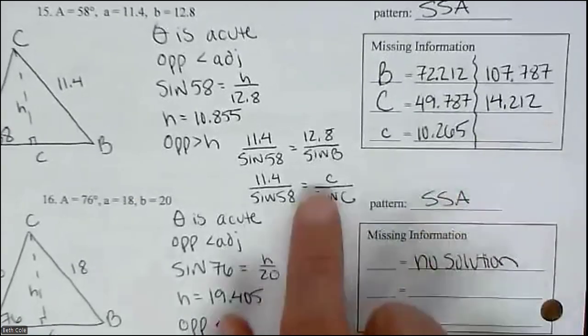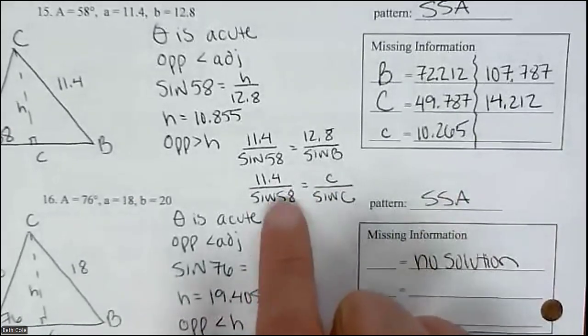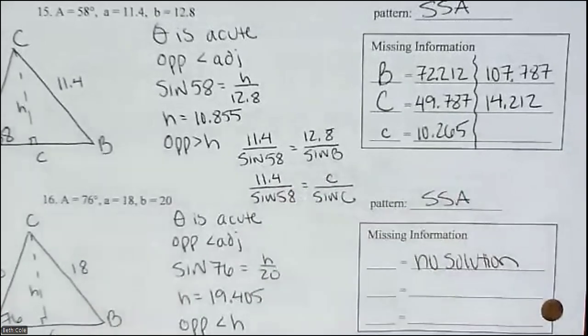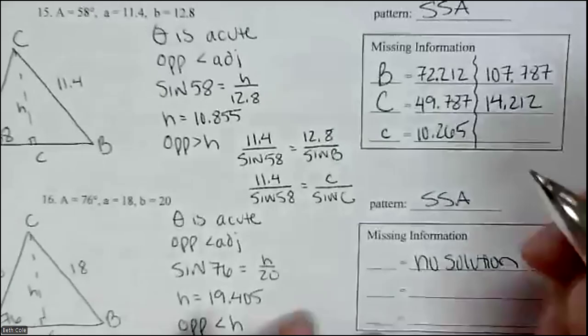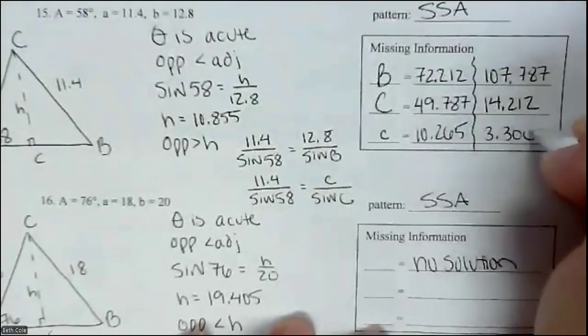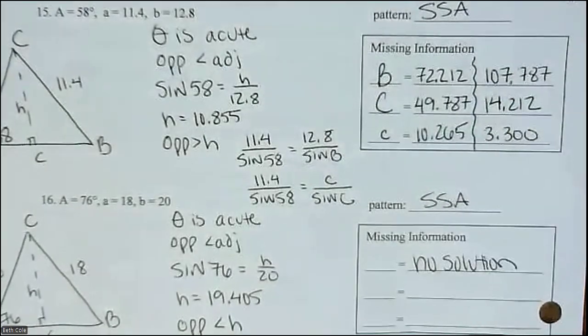Now to get the last one, you're just going to do this again, and I didn't delete it. It's still in there. So I don't even need to type it again. I just need to go back and find what line it was on. And it should be a really little number because remember, it's across from a really little angle. It's this one right here. Do you see it? 3.300. So the button pushing gets fancy, but you're not doing like any more work.